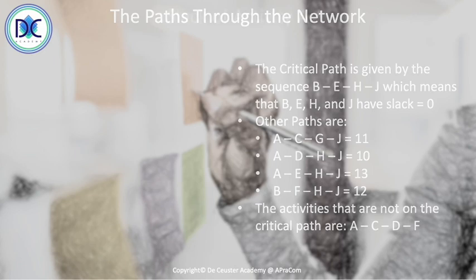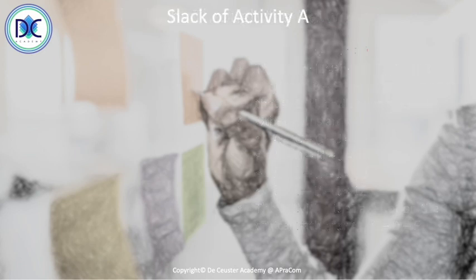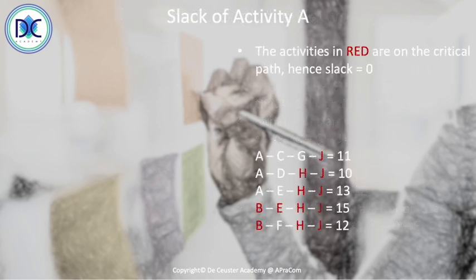So we have basically the different paths and the activities in red. Those are on the critical path, which means that their slack is equal to 0. Looking at the other paths, we can identify the paths in which we find activity A. So we have A in ACGJ, ADHJ, and AEHJ.